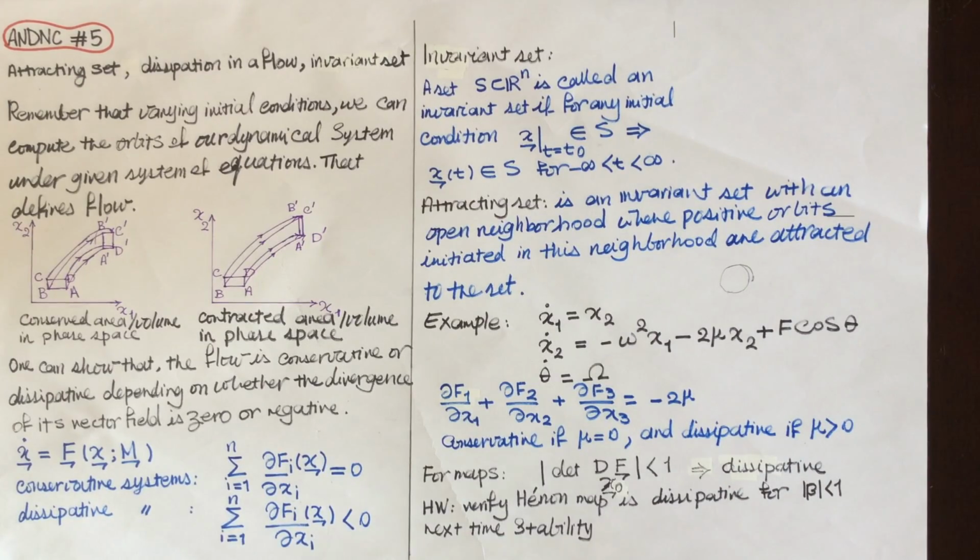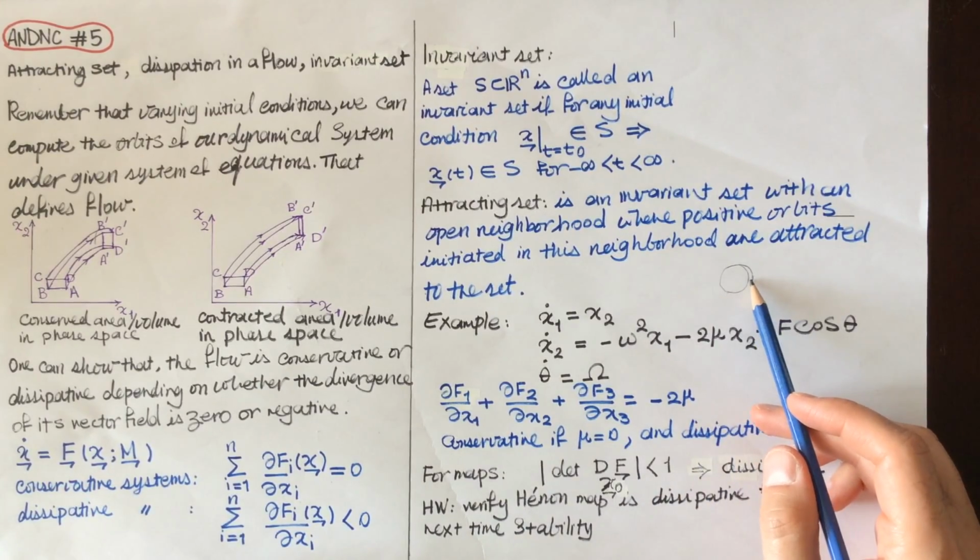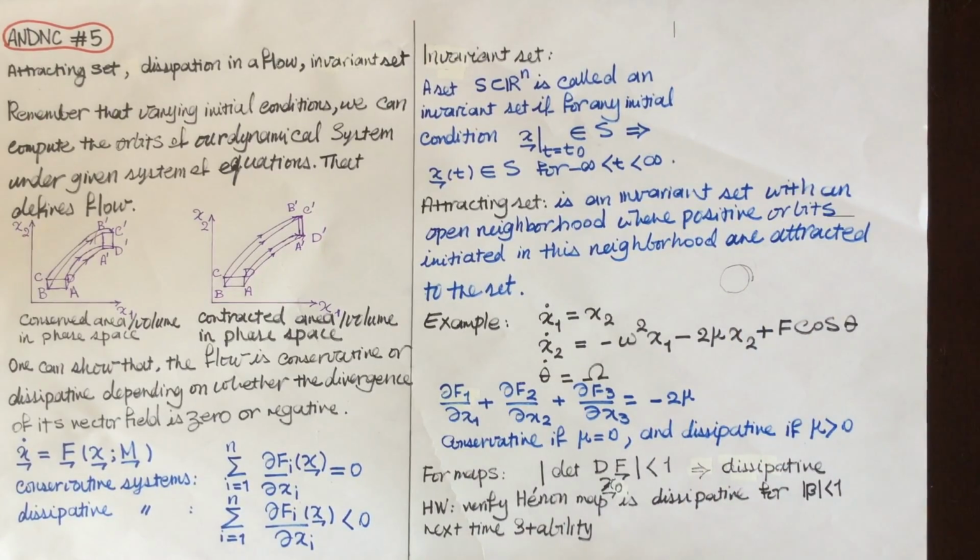For example, a stable limit cycle is an attracting set, because it's an isolated solution, and if you perturb the system a little bit, we're going to end up again on that stable limit cycle.